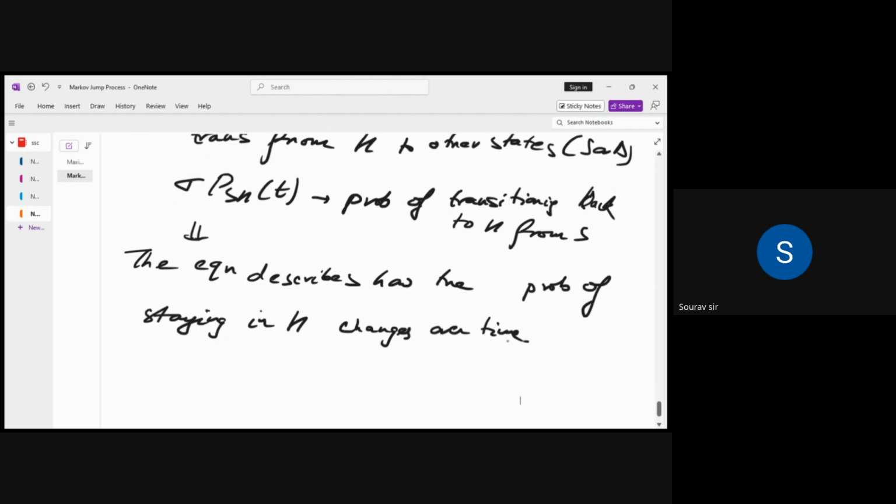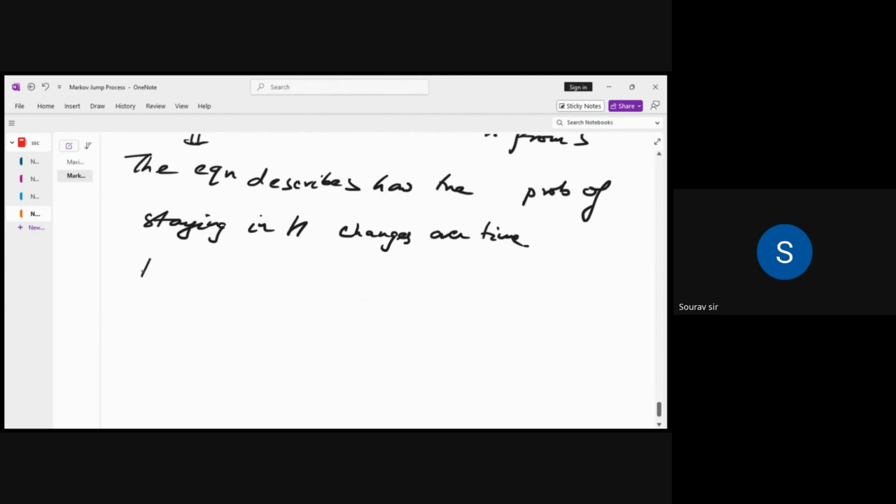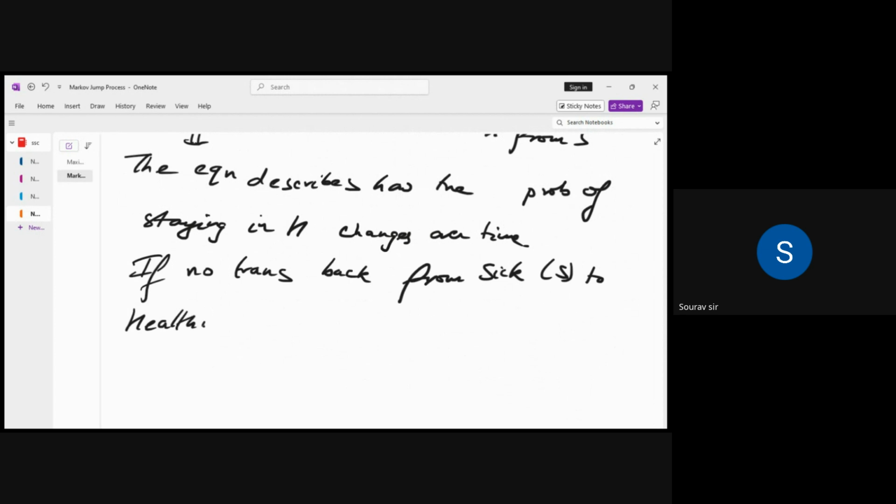And if no transition back from sick, that is S, to healthy, that is H, is allowed, then P_SH(t) is equal to 0.